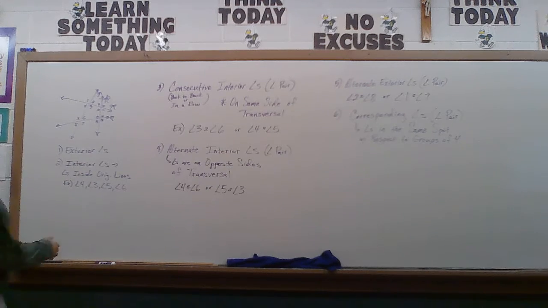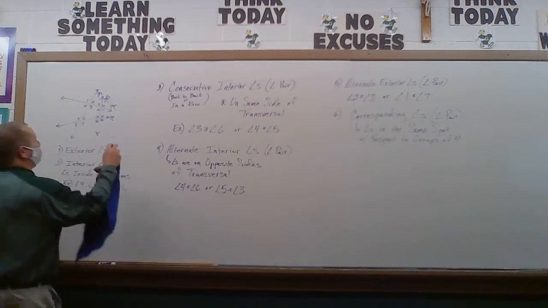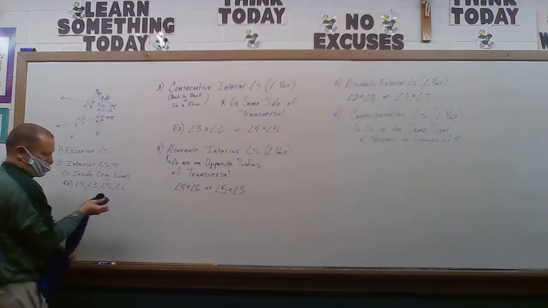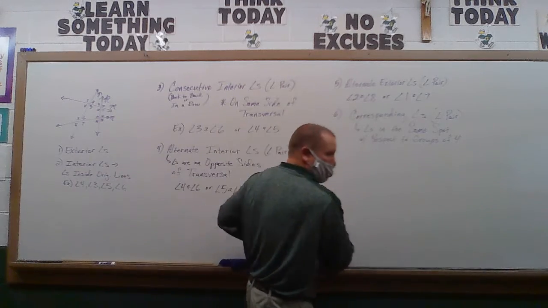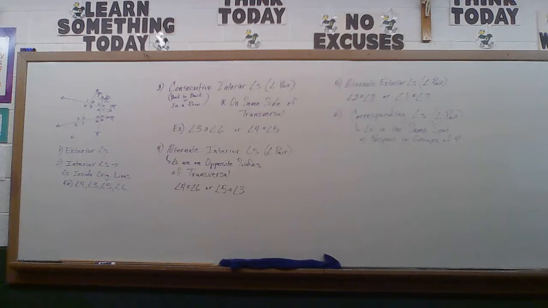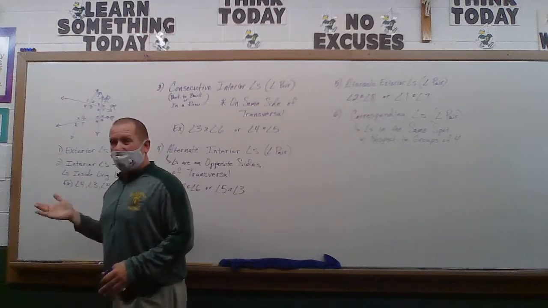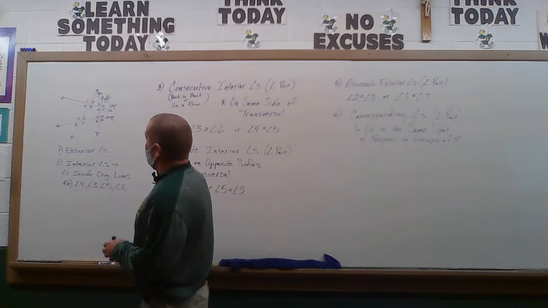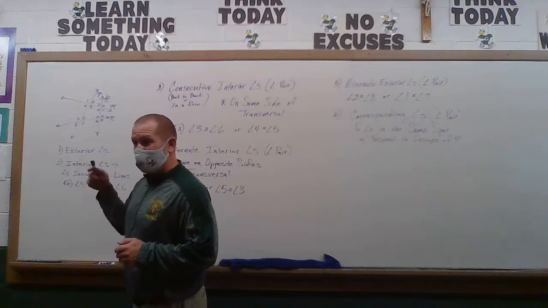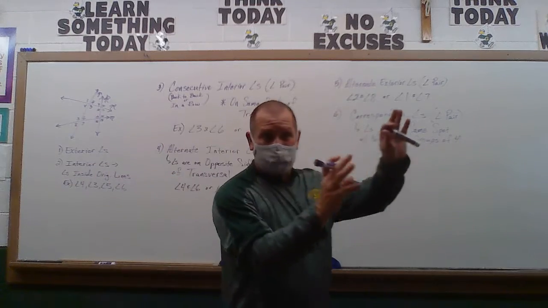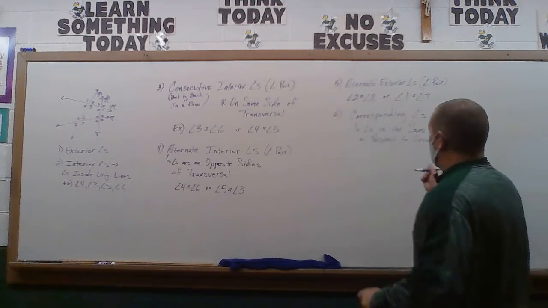If we go back to our original one and we erase K, or not think about K, we're just thinking about R. So this is where, again, I would ask, what is the transversal that goes with the angles we're talking about? We're just talking about R. But what angles are corresponding? What angles are in the same spot with respect to those 4 angles? 1 and 5.